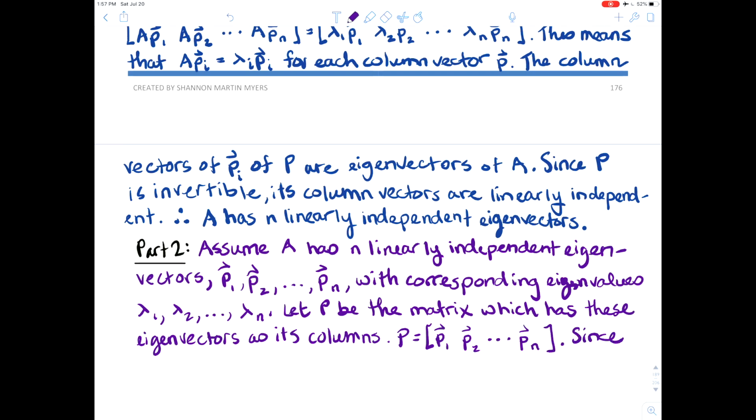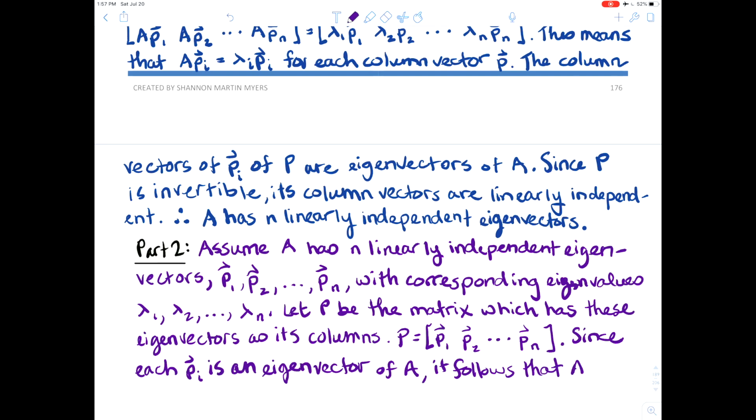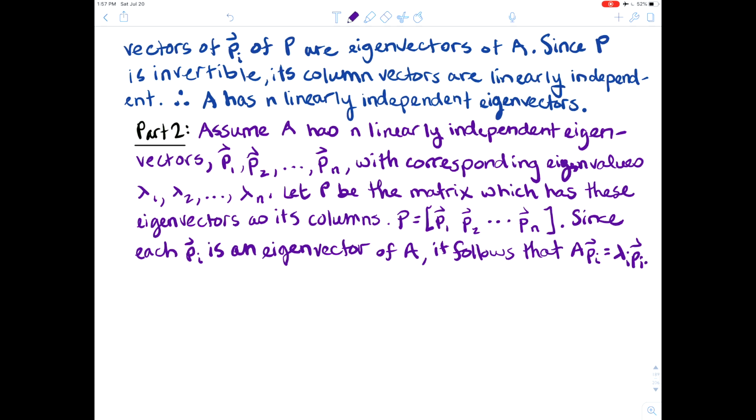So since each of these column vectors Pi is an eigenvector of A, it follows that A times Pi is equal to what? Beautiful. Lambda i times Pi. Okay, so what are we going to have?